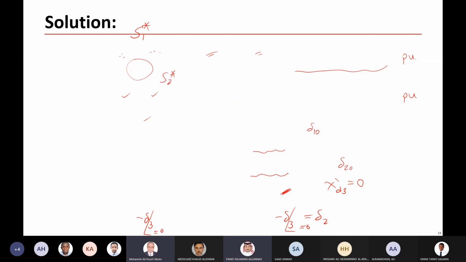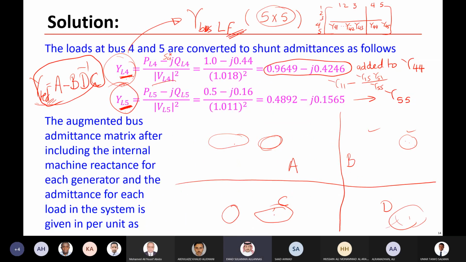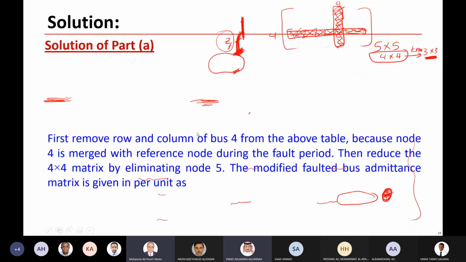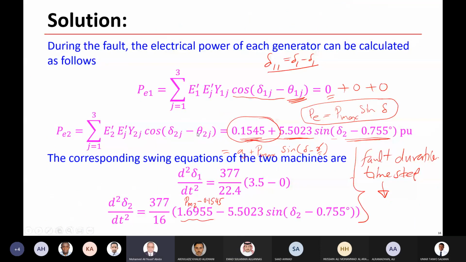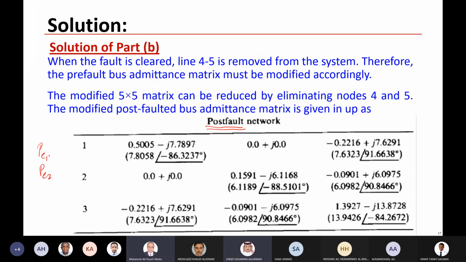What do you mean? In the solution, if you go to the post fault, part B. Okay, so this is the post fault. We remove line 4, 5. Then this line is tripped to clear the fault. It is no longer there.